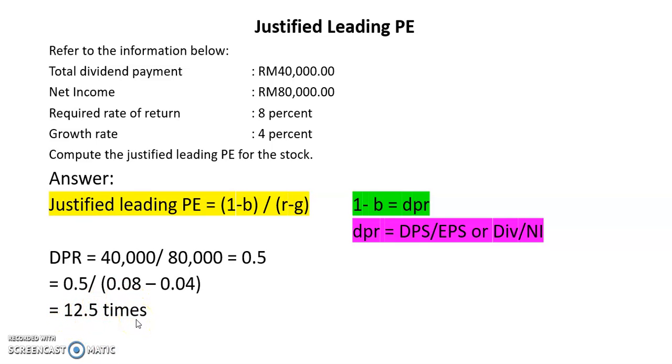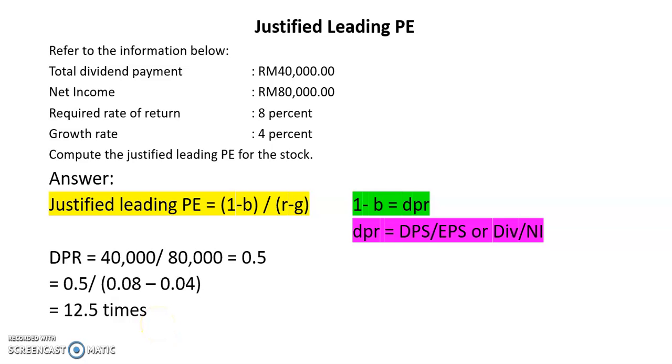Remember, the PE ratio, the unit of the PE value, is in times. If you put anything other than times, for example RM or a percentage, the answer will be wrong. Okay? So the price earning ratio is 12.5 times.